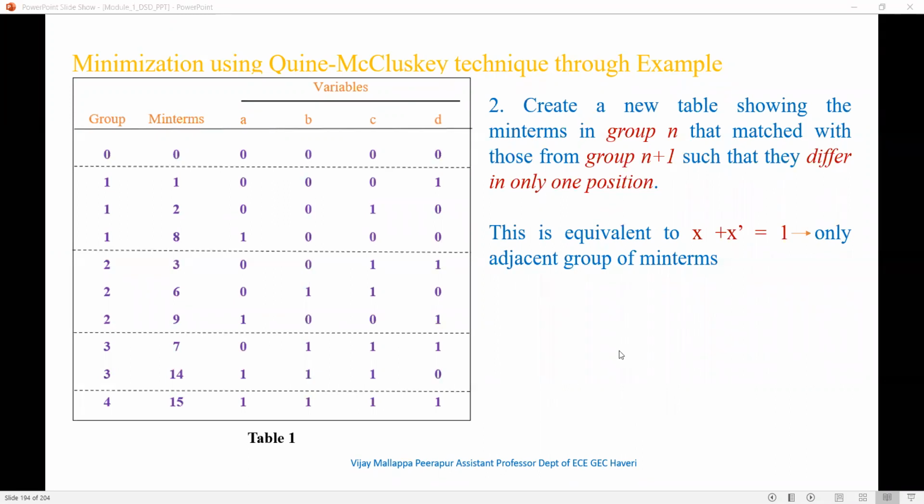So when I say group n and n plus 1, you need to compare group 0 with group 1. Similarly, the group 1 min terms need to be compared with the group 2 min terms, the group 2 min terms with the group 3 min terms, and the group 3 min terms with the group 4 min terms.